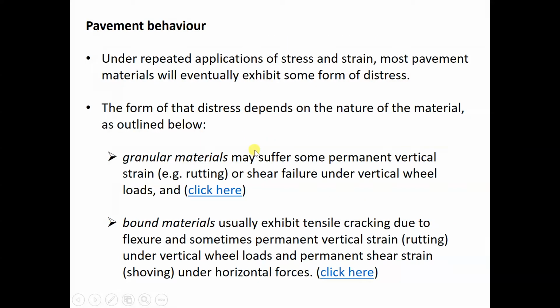Okay, the pavement behavior. The materials that comprise the pavement, besides aggregates: the bottom part is the subgrade, which is natural soil, and that one depends on compaction. The top part is the wearing course.